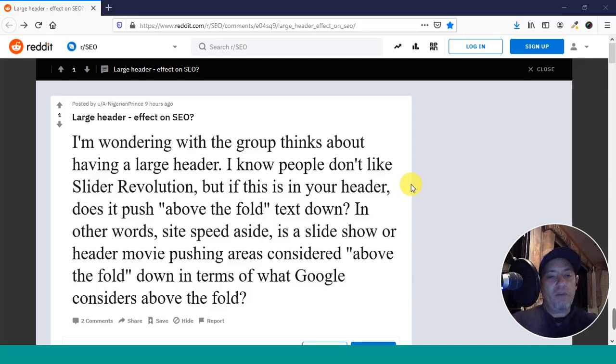So what this person is really concerned about is, am I losing SEO rank because the main keyword that I want pushed up at the very top of the page is being deranked because it's lower than whatever's at the top here, like a movie or hero area or whatever.